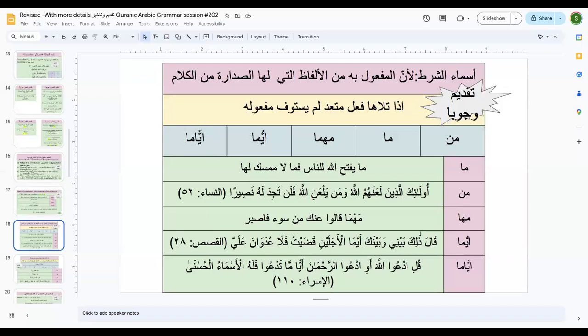Because sometimes ayu does not act like mudaf. When it does not have its mudaf ilayhi after it, does it need to be munawwan, or does it need to be without tanween?